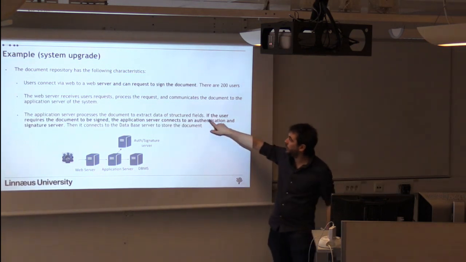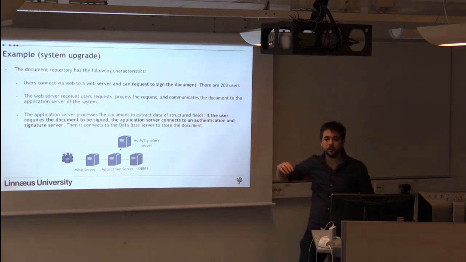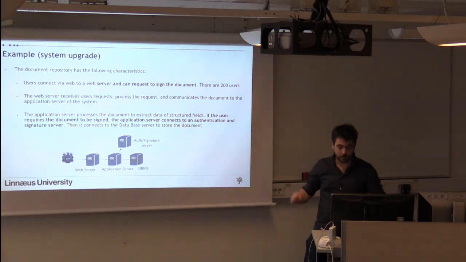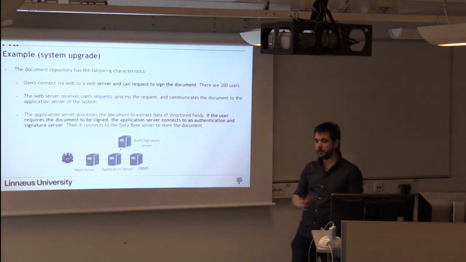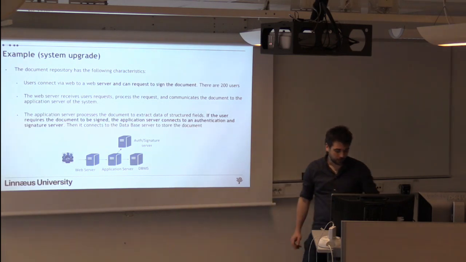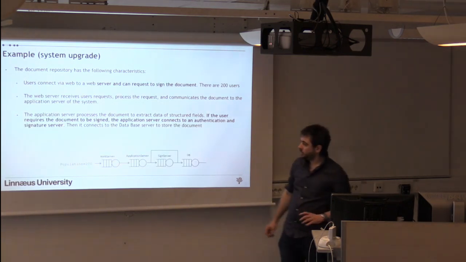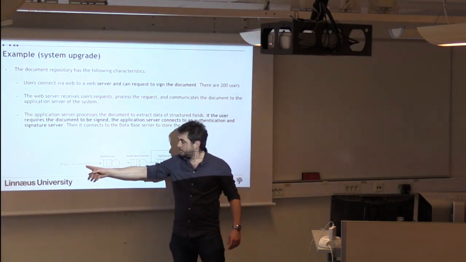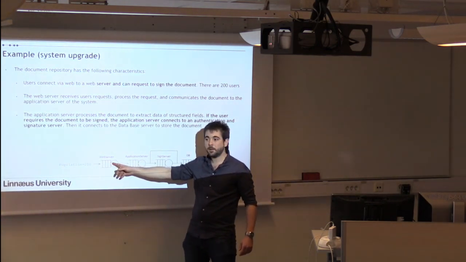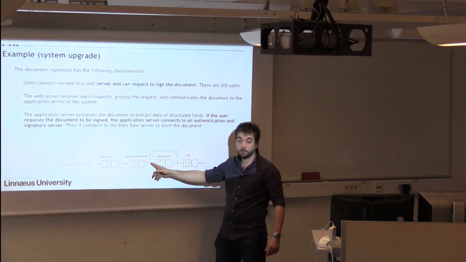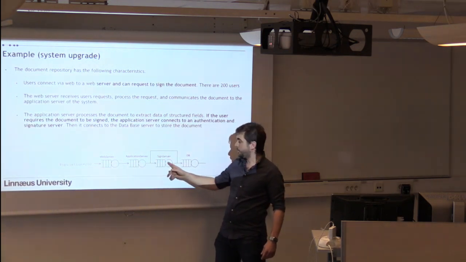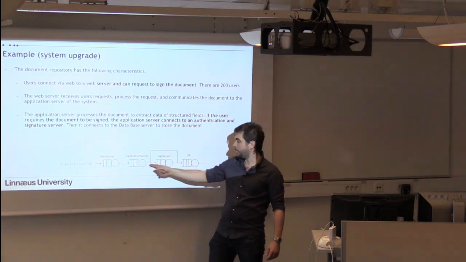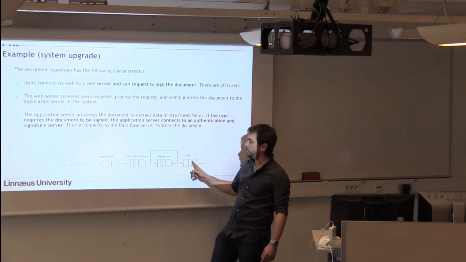So here, if the user requires, it does not require it all the time, in every execution. Some documents are signed, some documents don't need the signature. So the queuing model in this case is: it interacts with the web server, then it goes to the application server, and then it might require a signature or go directly to the database. If it requires a signature, after signing it goes to the database.